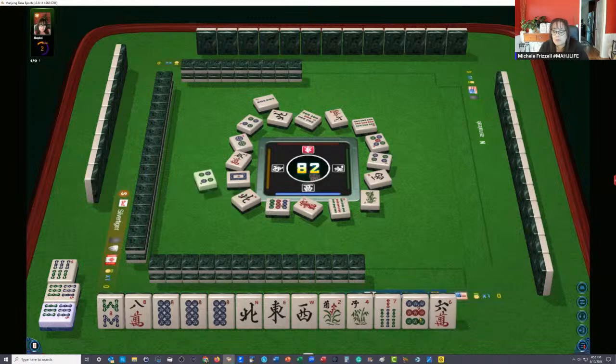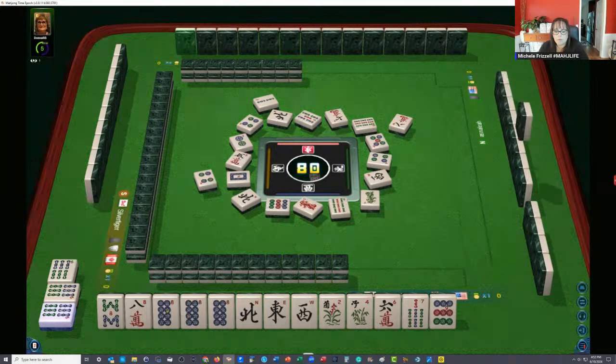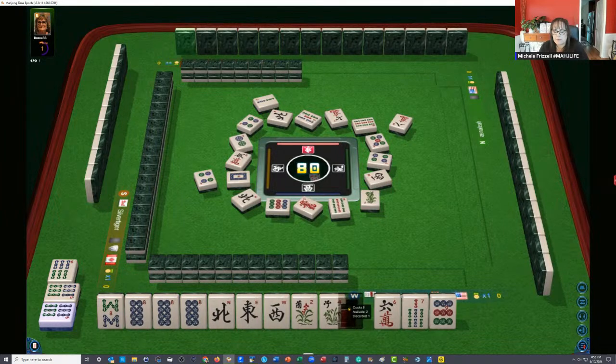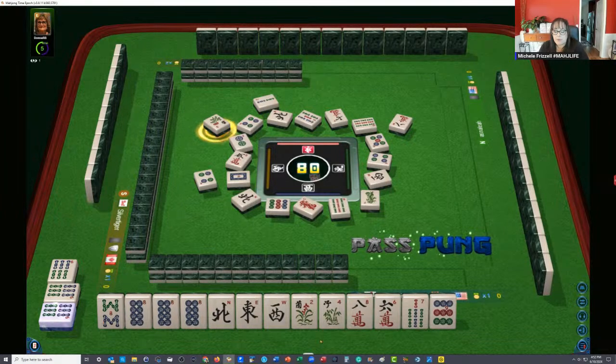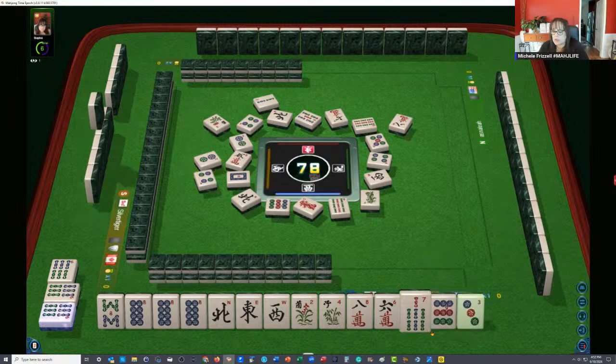It's a year tile. 4 dots. 8 characters. Oh, 8 crack just went down. So I'm going to put that over here at the discards. Flower. Now, if an 8 bam goes down, I'll put it back. But right now, I'm earmarking that as a discard because we would need a joker.